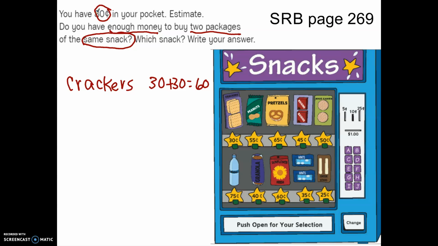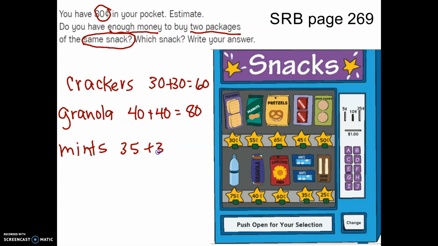I could do granola. 2 of those would be 40 plus 40, and that equals 80. That's exactly what I have in my pocket. I could do mints. That's 35 plus 35, and that equals 70. That's less than 80 cents. So I have that much money in my pocket.